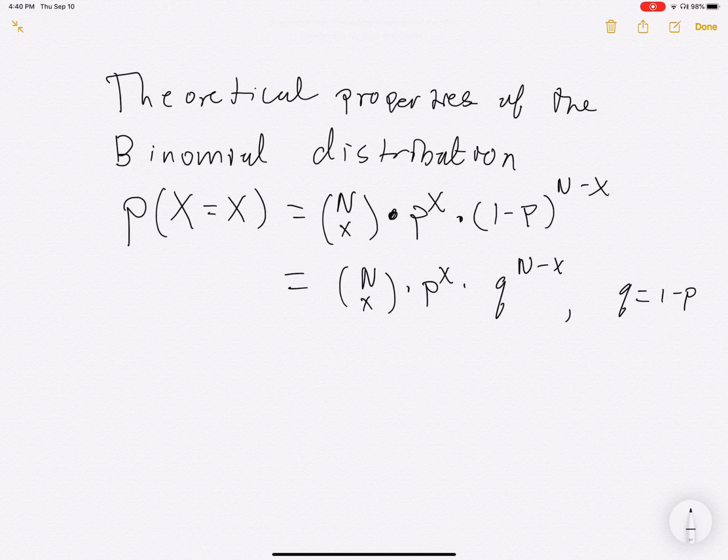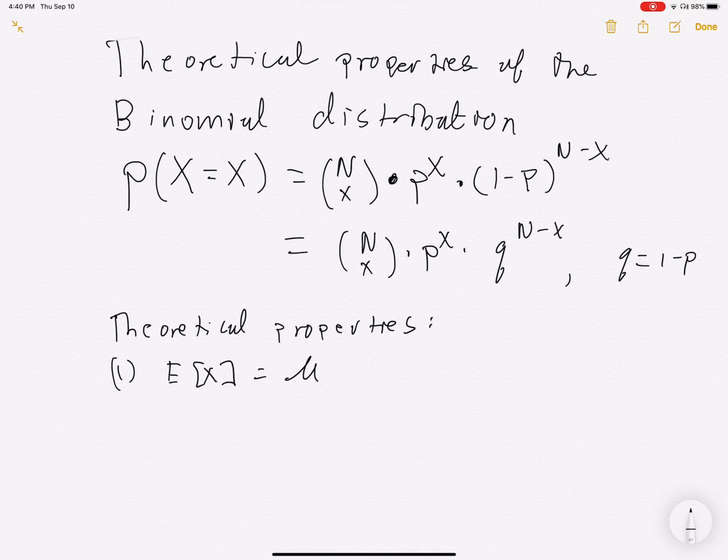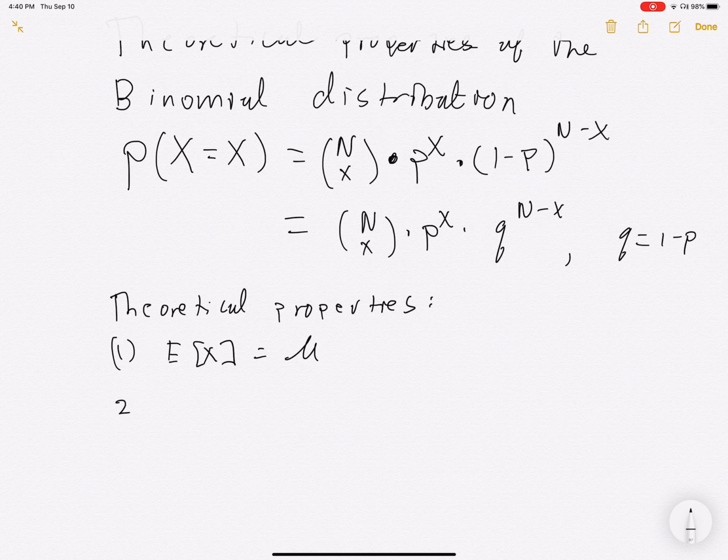Okay, so what do I mean by theoretical properties? To be specific, the theoretical properties that we're going to calculate are the expected value of X, known as the mean mu, the variance, sigma squared, of X, which is also known as E of X squared minus mu squared.